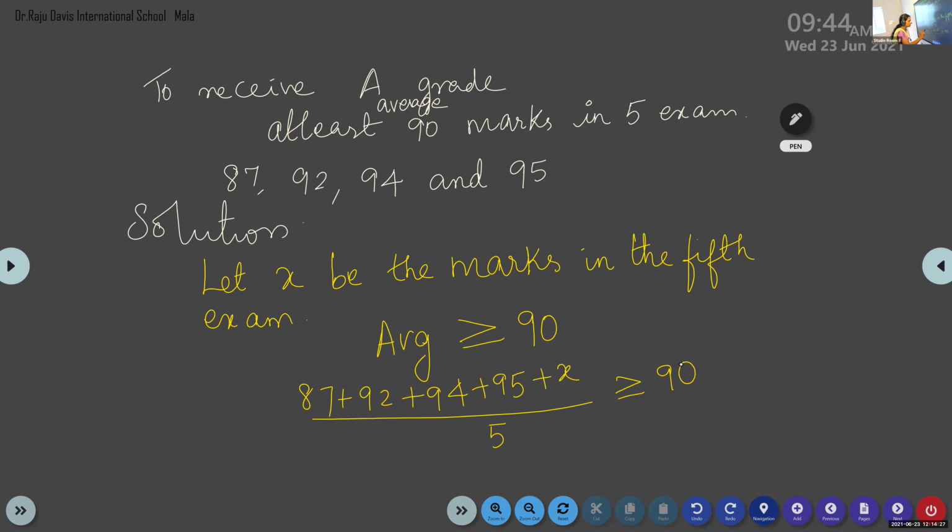Yes. Now first you add up all these numbers: 87 plus 92 plus 94 plus 95. What is the answer?